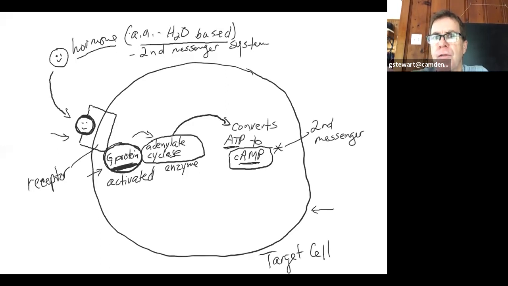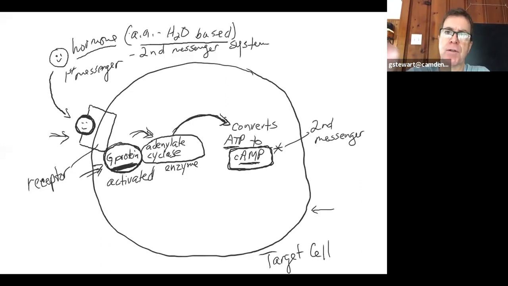So we've just set off a domino reaction here to activate this second messenger. The first messenger is the hormone out here. So the reason we call it the second messenger system, there's the first one. The second one is the activation of cyclic AMP.